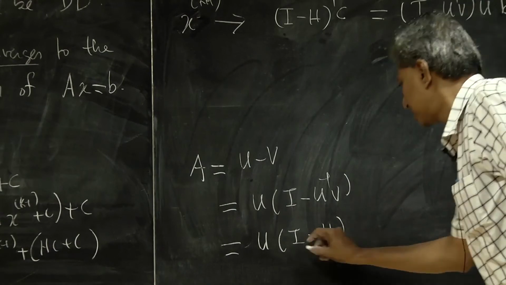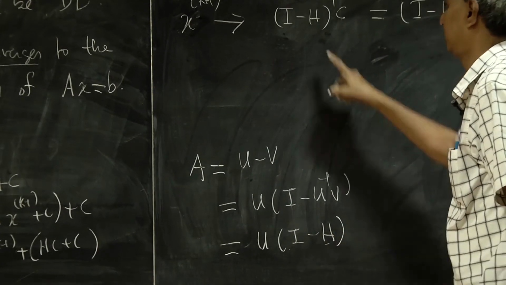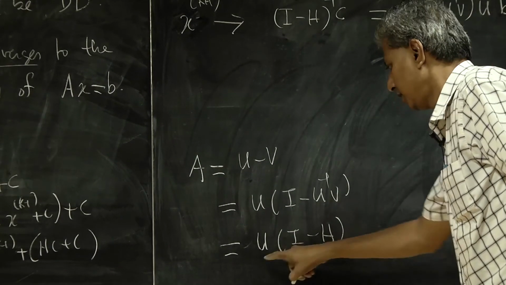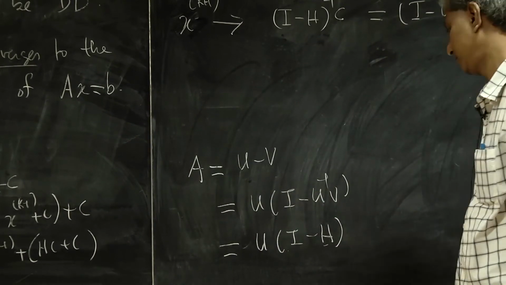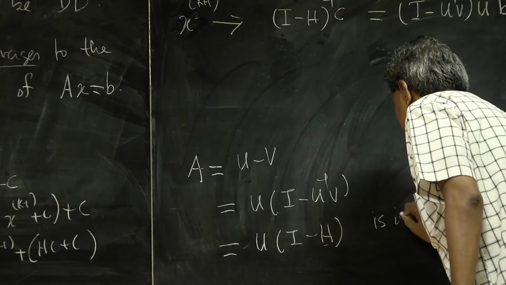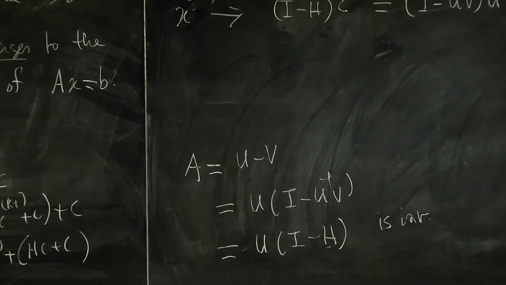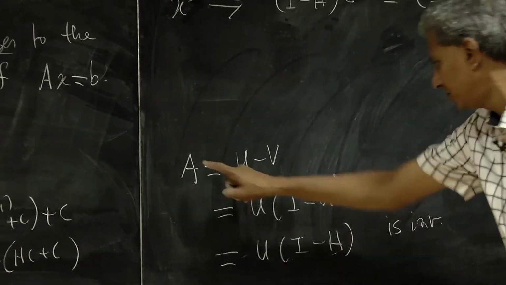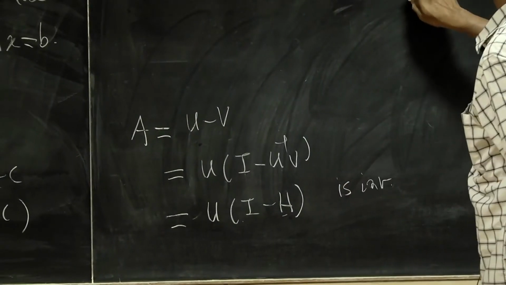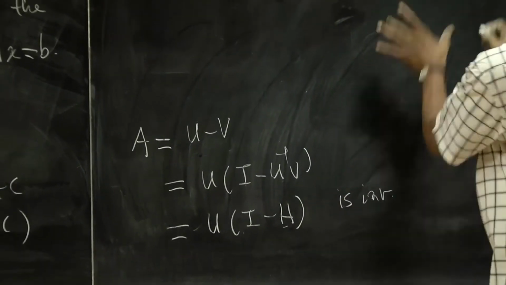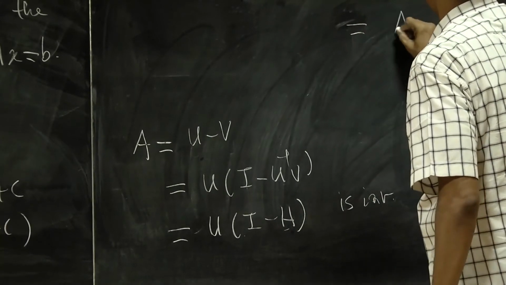What we have shown is that I minus h is invertible. This is a splitting, and so u is invertible. So A is invertible, and A inverse, in reverse order, is (I minus h) inverse into u inverse. So this is really A inverse.